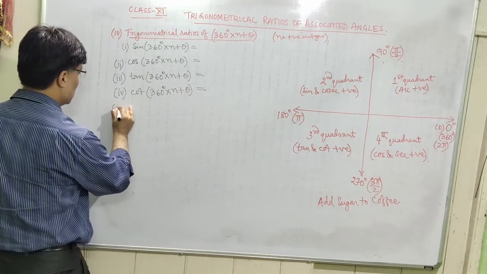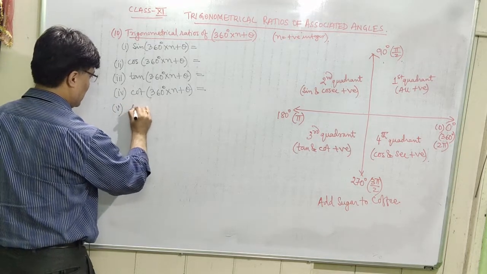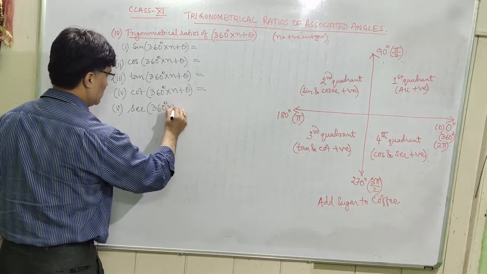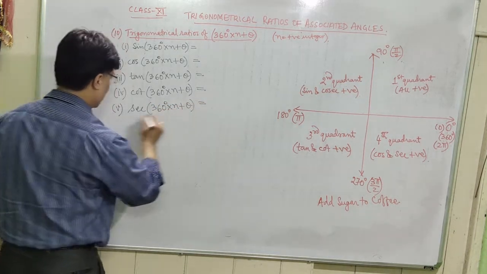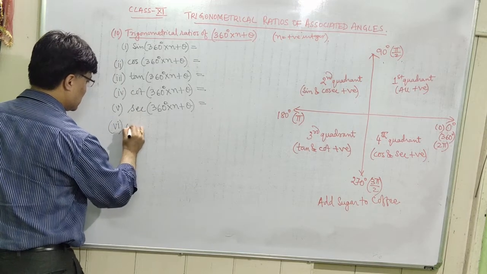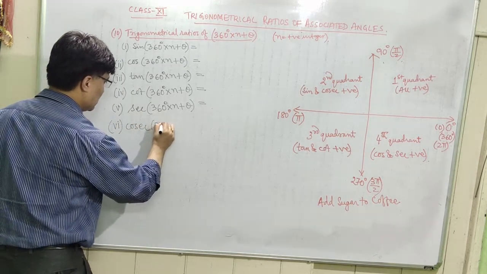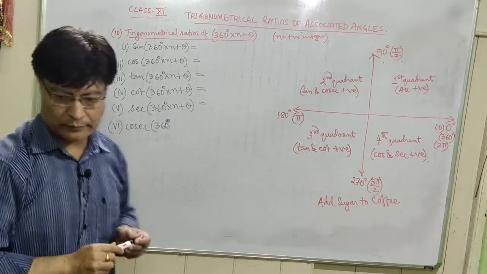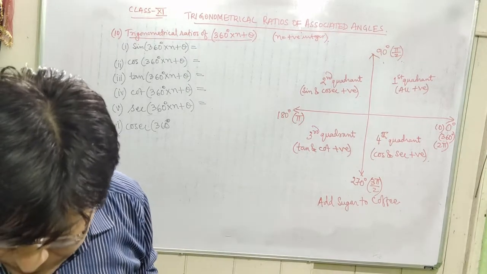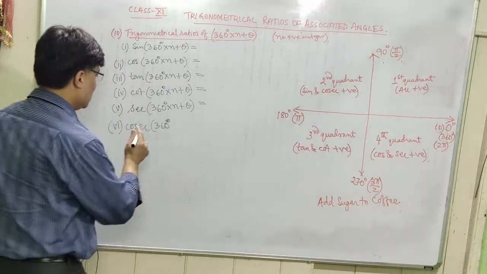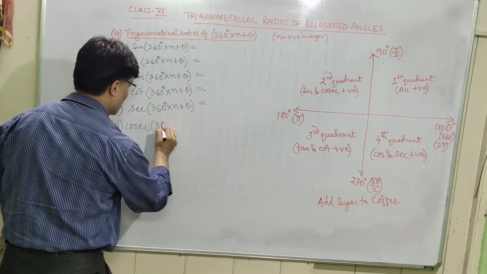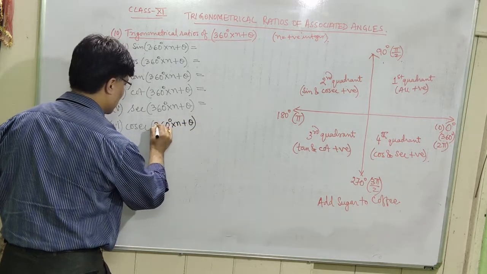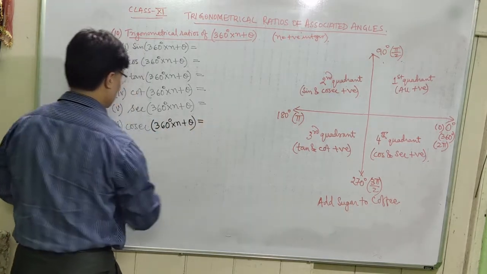Next, number 5, sec 360 degree into n plus theta, and number 6 is cosec 360 degree into n plus theta, is equal to.